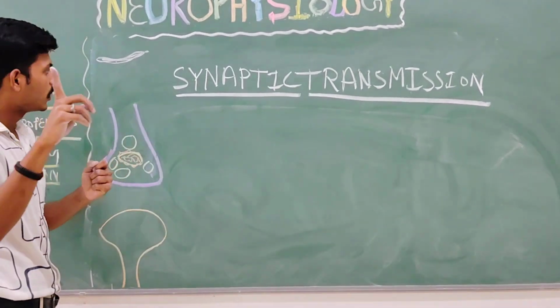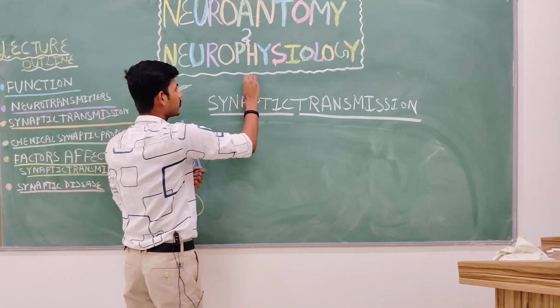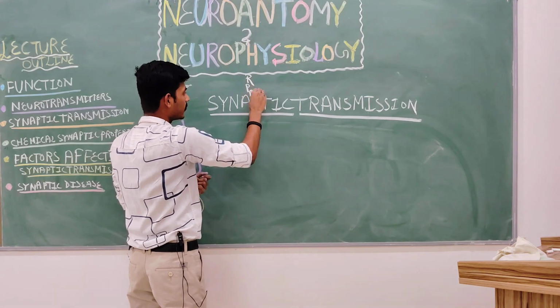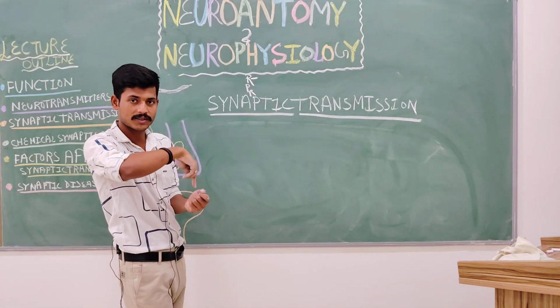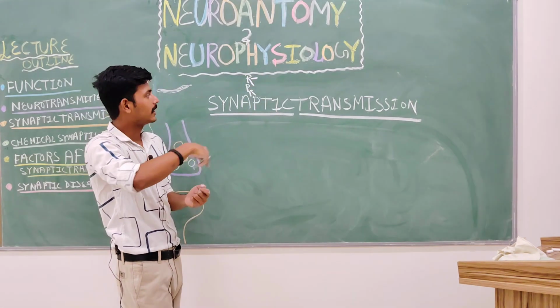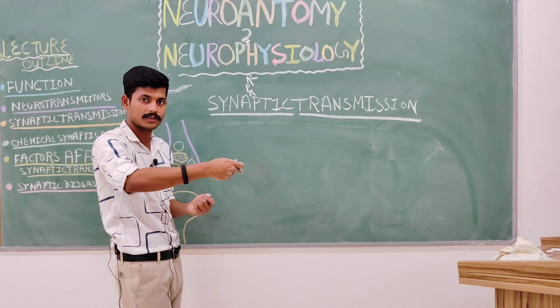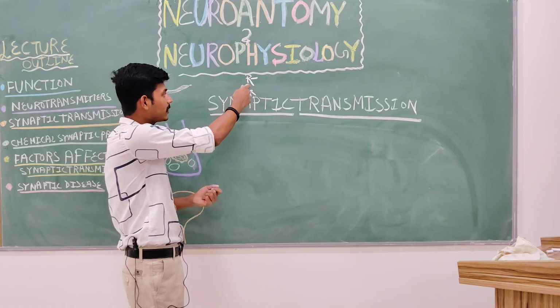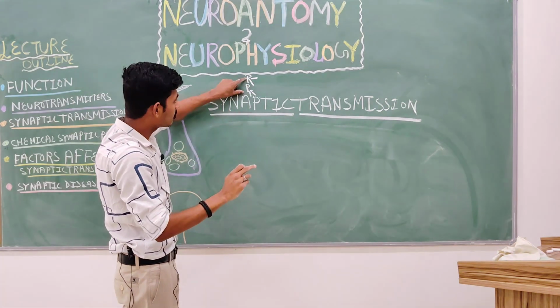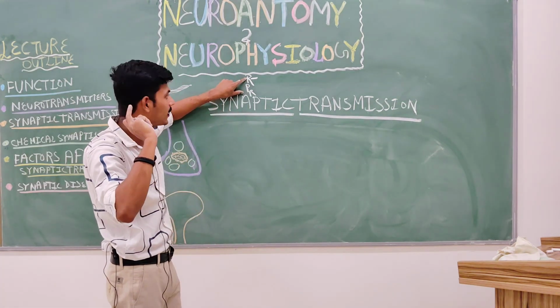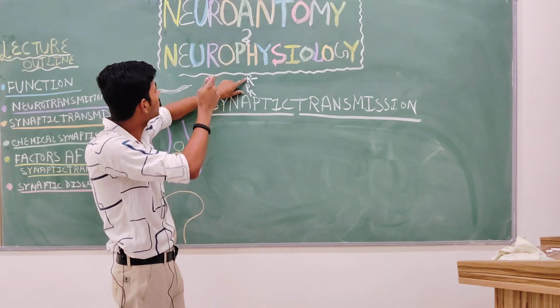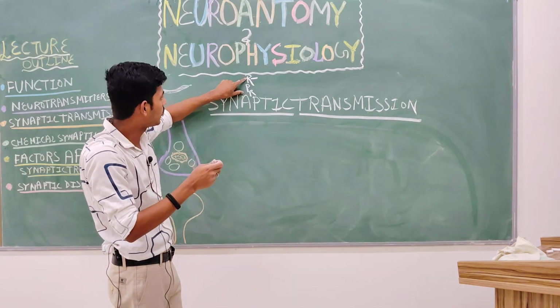You may remember the process: first, the central nervous system should receive the information, then process it, then respond. If you are not understanding, in the previous lectures we have a playlist on neuroanatomy and neurophysiology. You can go and watch that.